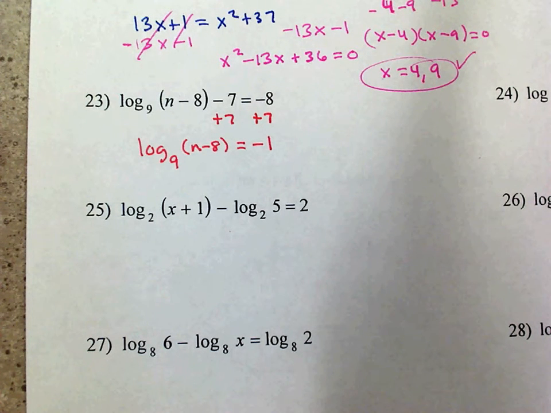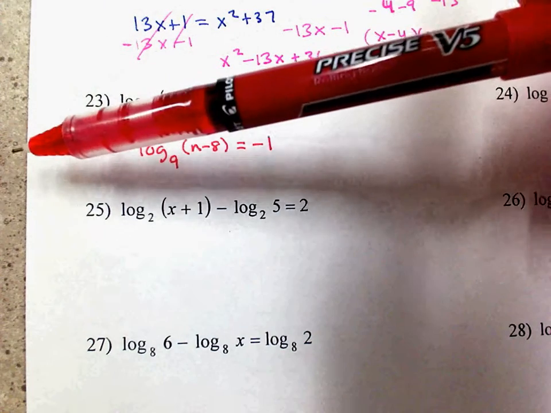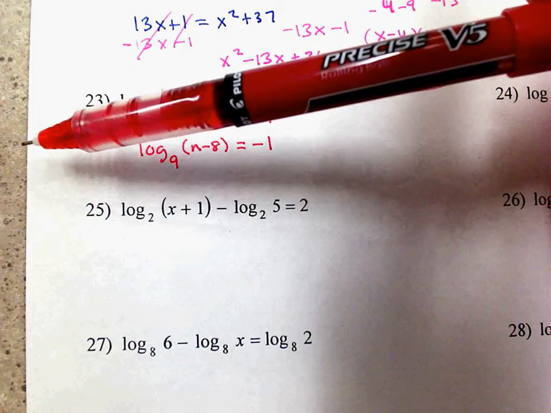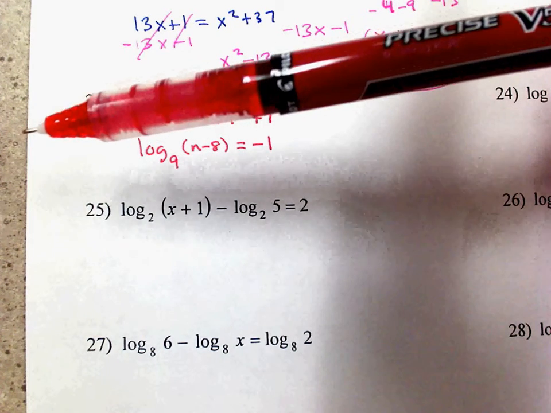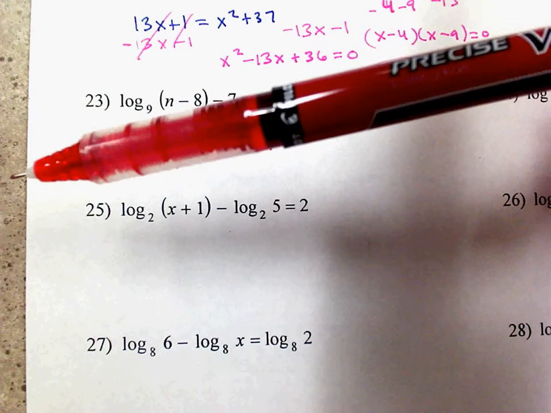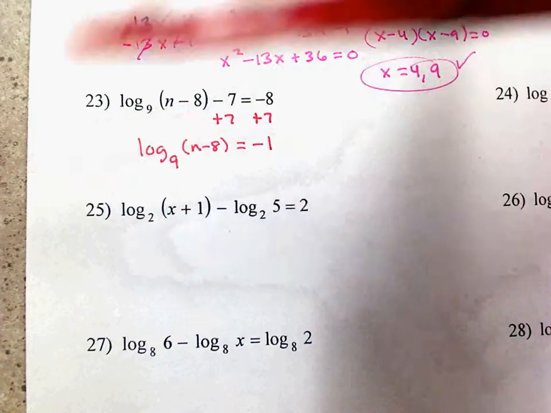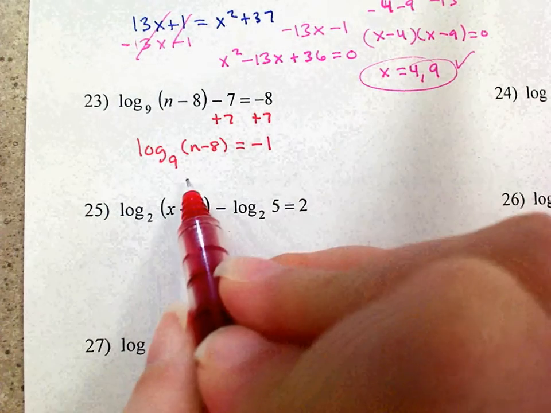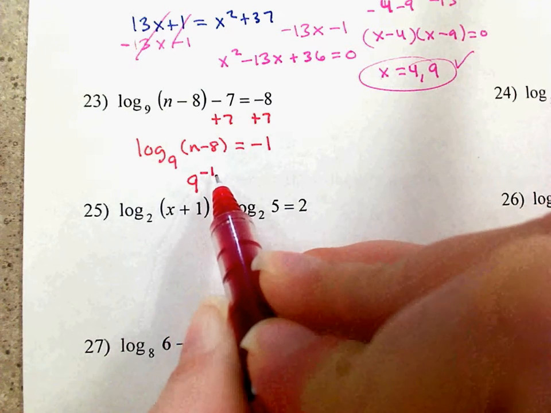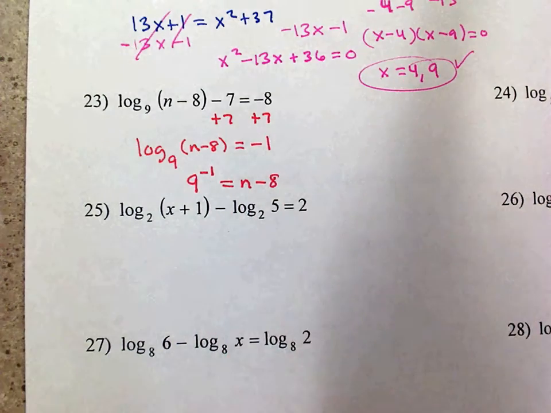So if we have a log equal to a number, so if you look over at the whiteboard, I'm pointing at it, what does it say? You have log equal to a number. Convert to an exponential. So what would you do? 9 to the negative 1 equals n minus 8.